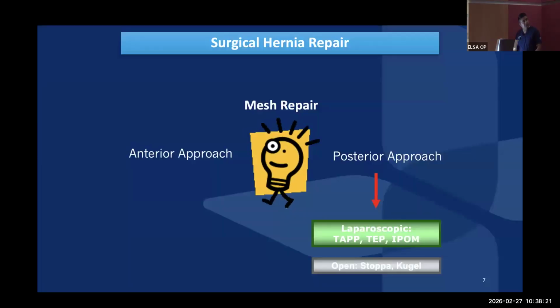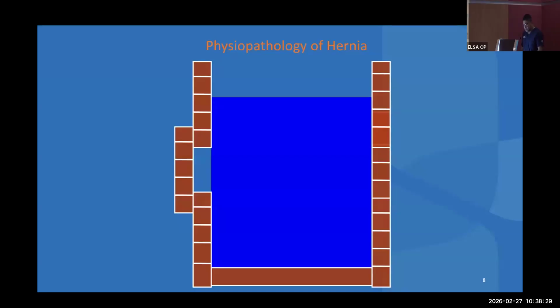Let's move on. A posterior approach is preferred because if you look at the ergonomics of a hernia repair, when you put the mesh from posterior, it's more ergonomic than putting it here. The forces will act this way. So it becomes more ergonomic as well as a more physiological repair.